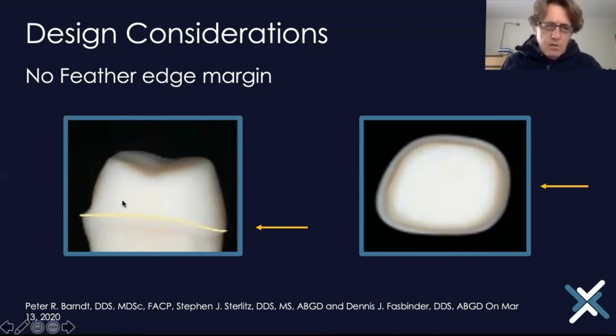So in order for your intraoral scanner to create a proper margin, you need to at least leave it with a 0.3 or 300 microns, if you want, margin on the marginal side of the crown, and not leave it with just a flat surface, because you cannot read that flat surface. You need that contrast in order to have your scanner give you proper information so that you can create a proper crown.